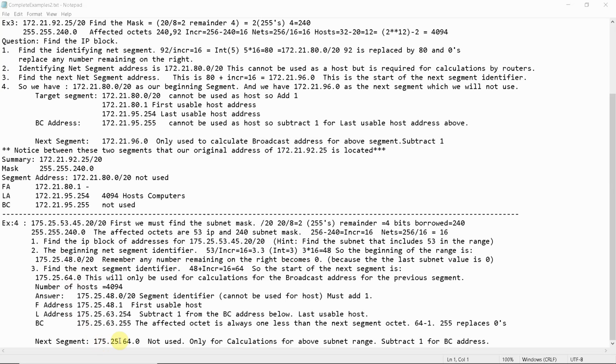So we got 175.25.64.0. Again, we're looking at the third octet as being our active octet.